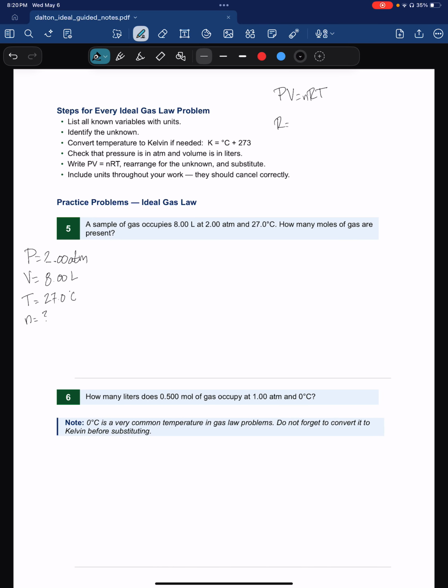R is equal to 0.0821. And remember, that's liter atmospheres per Kelvin moles. Or if you prefer, you could write it this way.